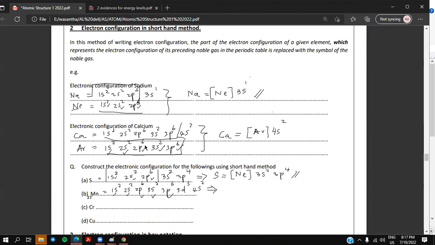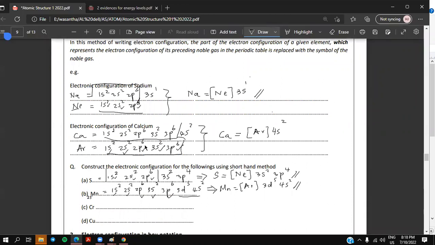This is an additional part. So manganese electronic configuration in shorthand method is written as first argon within square bracket, and we can write 3d5, 4s2. This is the answer.